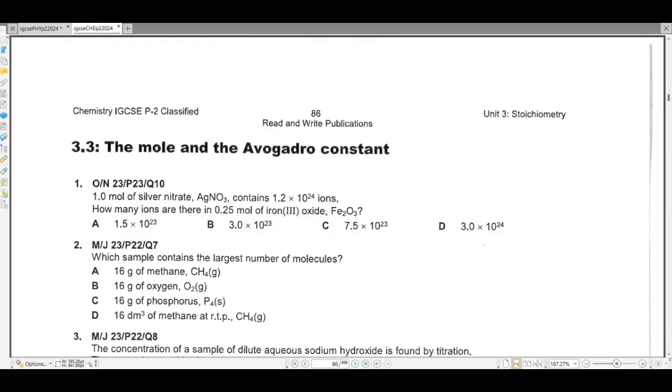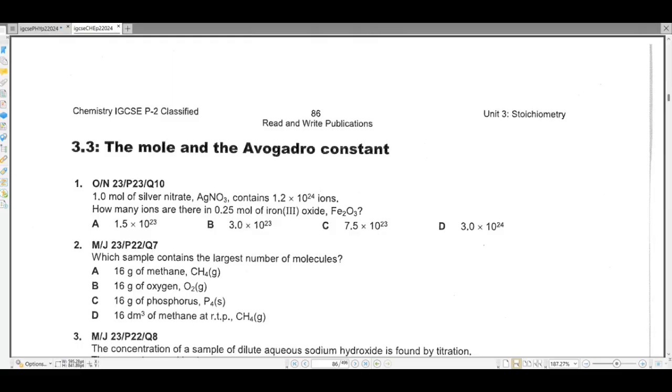By the end of it, you won't be dreading the mole concept and Avogadro's constant anymore, and inshallah you will have a hang of it.